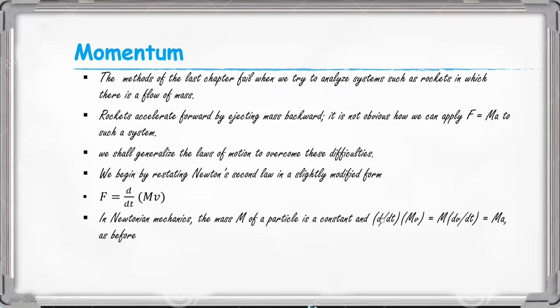So d by dt of m into v can be written as m into dv by dt, that is equal to ma. This is what we obtained before.